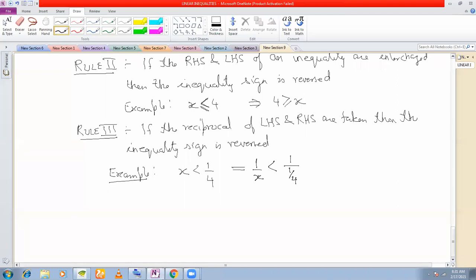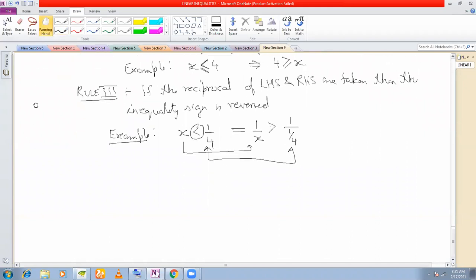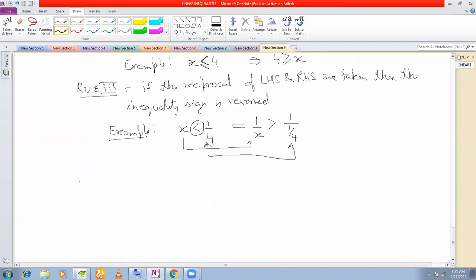That is, I'm taking the reciprocal on both sides, right? For x, I am writing 1 by x. For 1 by 4, I am writing 1 by 1 by 4. Then this sign, less than, will change to greater than. Okay. So whenever you are taking reciprocal, you must always reverse the sign of the inequality.